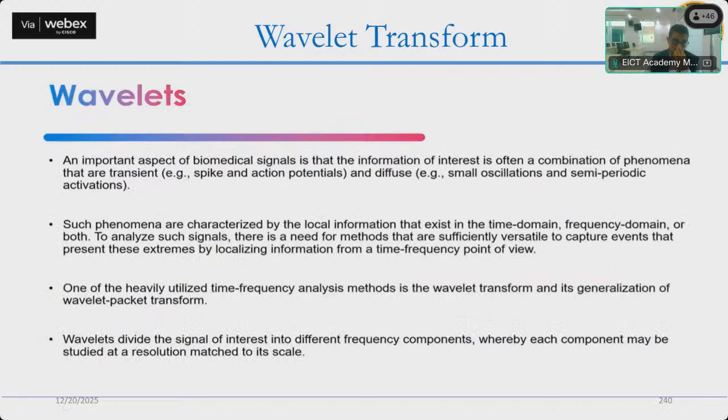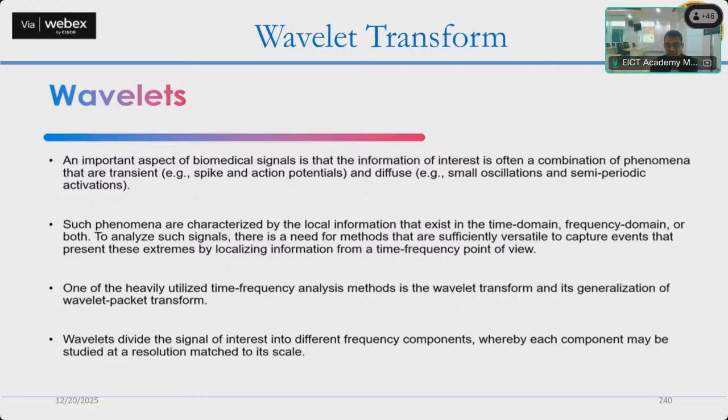Here, an important aspect of biomedical signals is that the information of interest is often a combination of phenomena that are transient and diffuse. What we want to say is that whenever, for example, something has gone high, that is a critical condition we are really interested in.